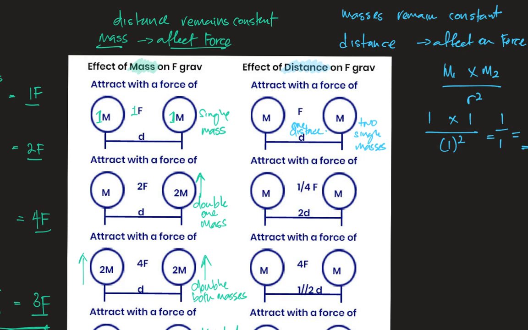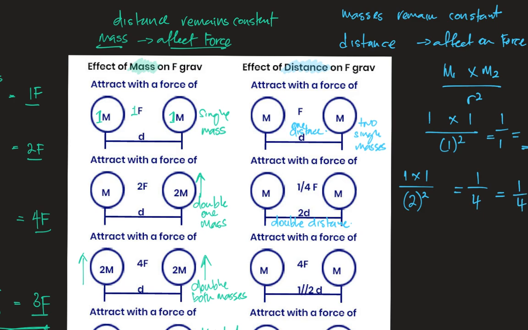If you look at the second one, they're saying the masses stay the same, but the distance doubles. So I've got 1 times 1 all over 2 squared. So I've got 1 over 2 squared, which is 4. Therefore I've got a quarter of a force.